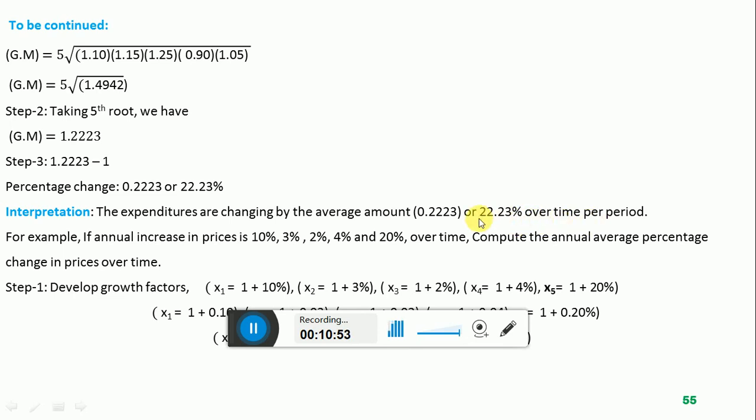The transport department expenditures per year of the Salam University are increasing by 22.23%.